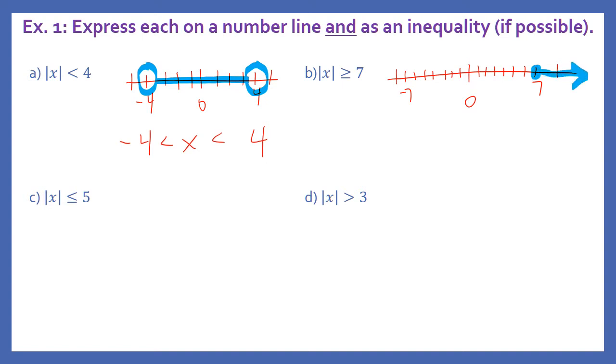And anything 7, 8, 9, 7.1, whatever it happens to be, those are all greater than 7 units away from 0. Likewise on the left, anything between 0 and -7, that's less than 7 units away from 0. We want it to be greater than, so we want it to be more than 7 units or equal to. And going out this way.